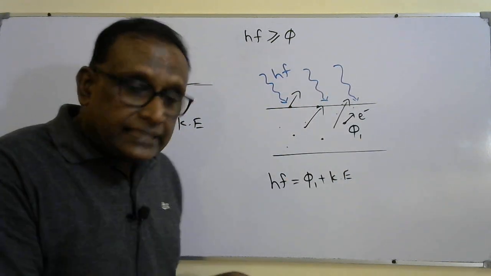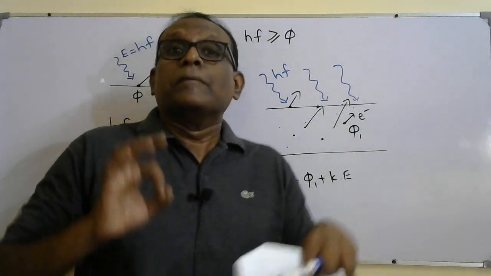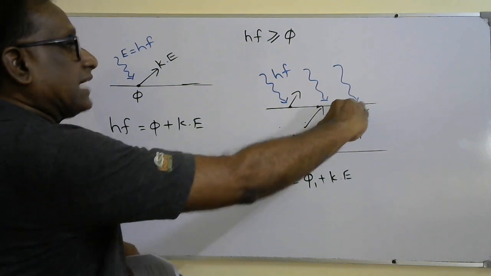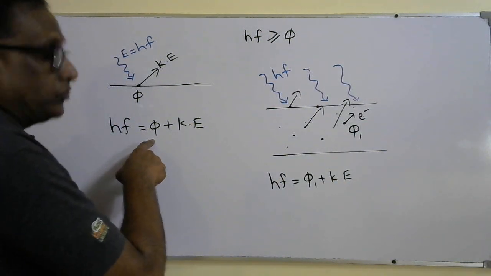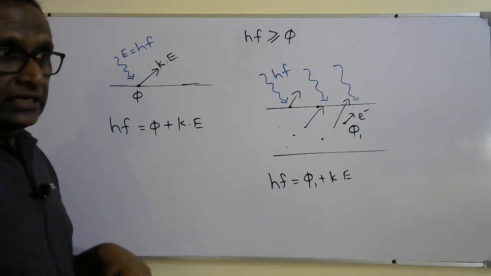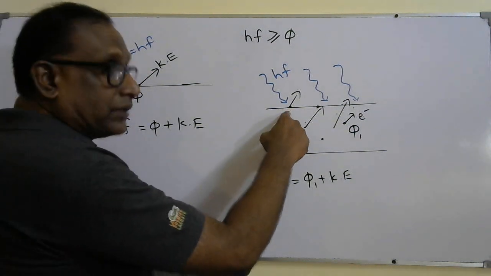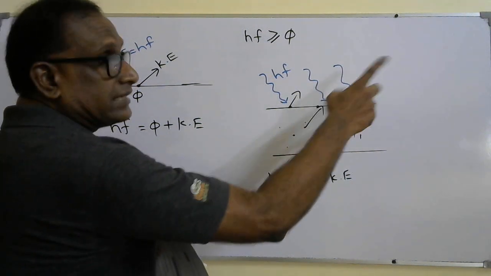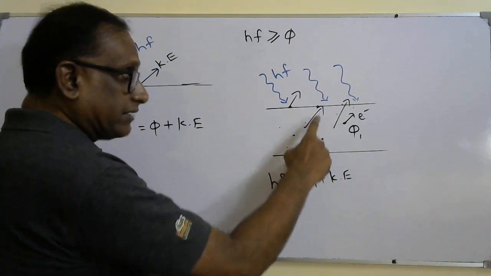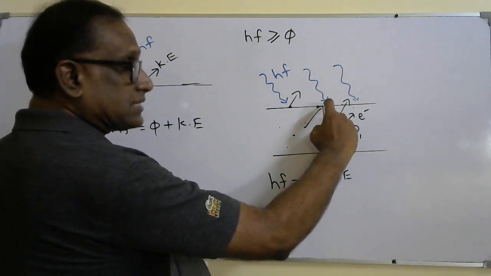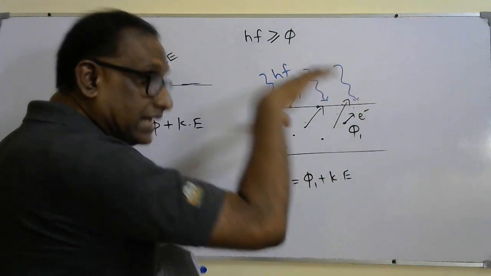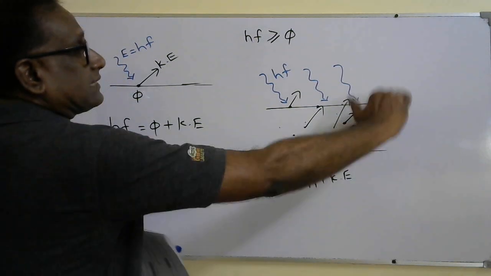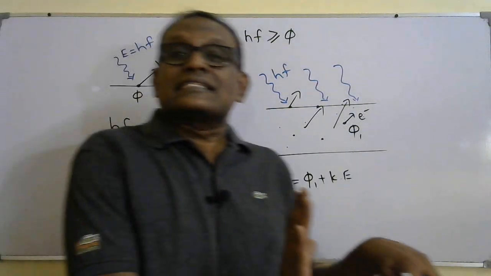But only the surface electron will have the maximum kinetic energy, for two reasons. First, the surface electron needs the minimum amount of energy to be removed from the attractive force of the nucleus. Second, the electron removed from the surface has no chance of hitting any other electron. But inner electrons, as they approach the surface, might have several collisions inside the metal, so they might lose kinetic energy. So the surface electrons will be released with the maximum kinetic energy.